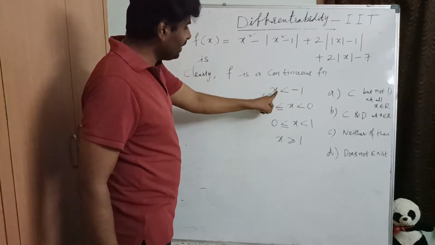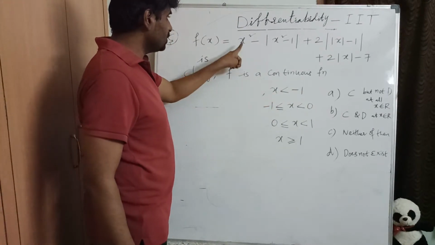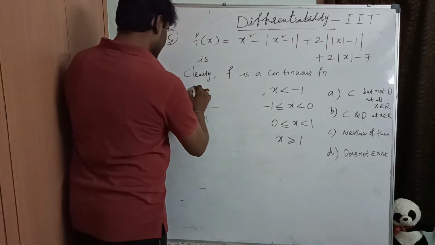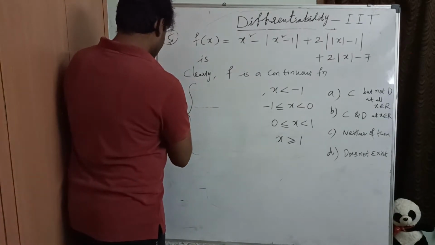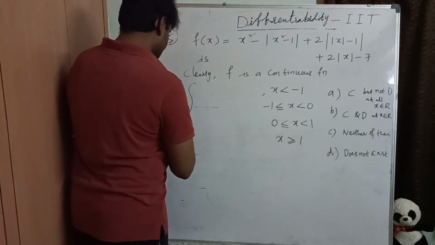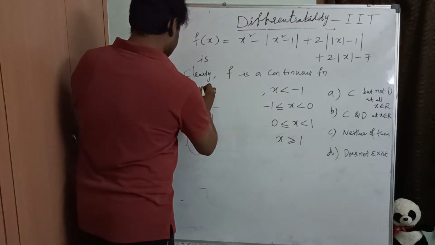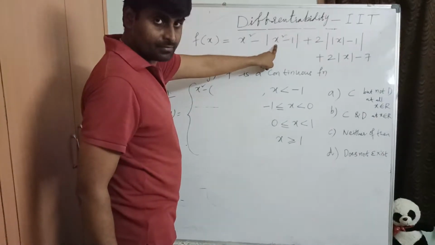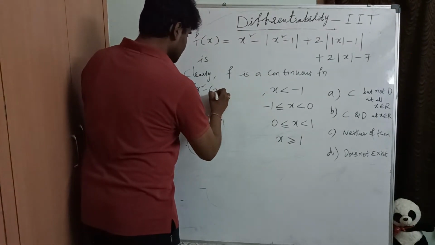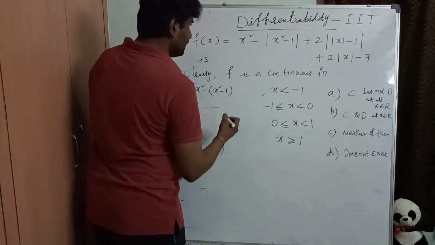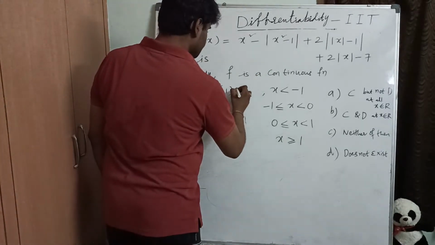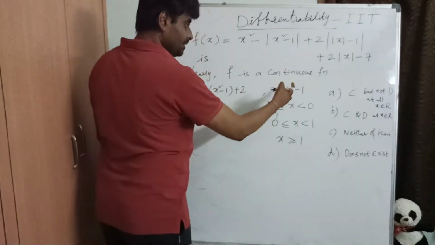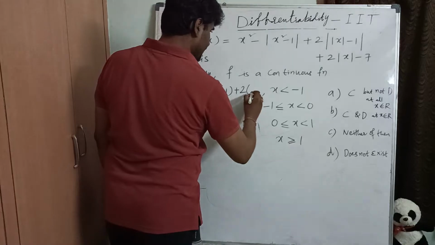Now see, x less than -1. Whenever x value is below -1, is there any change in this? No, x square only. What can I write? f of x equals x square minus 1; here also if you substitute anything, square is positive only, so positive of x square minus 1, and here 2 into modulus of x, which is minus x, so minus x minus 1 I can write.